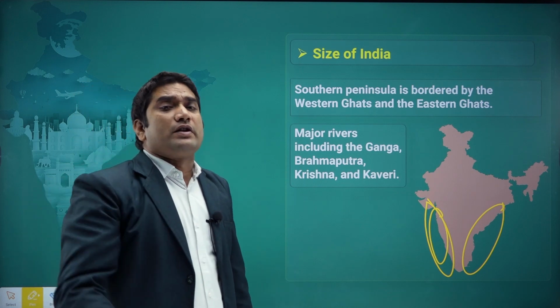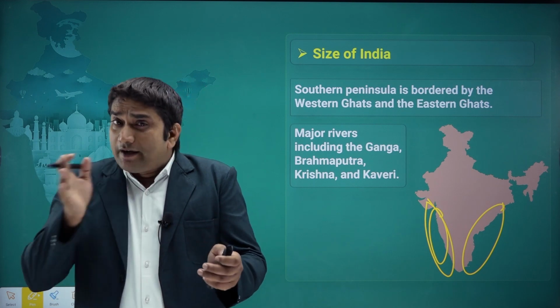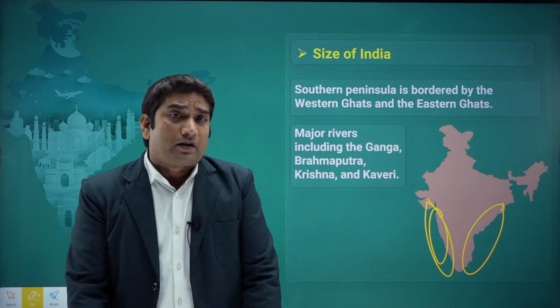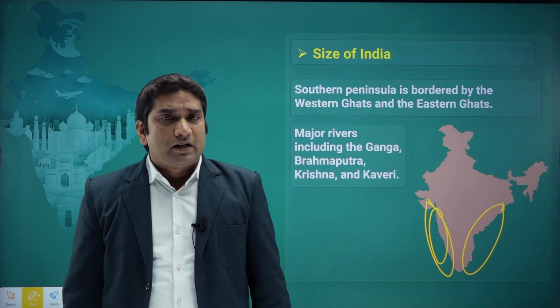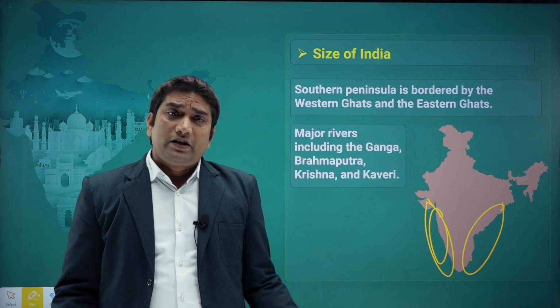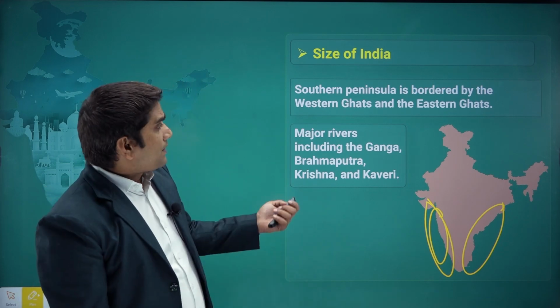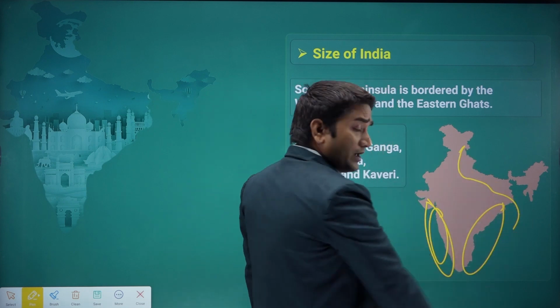Some important rivers we also have. According to rivers also, we have divided our country into several parts. Some of the important rivers in the country are Ganga, Brahmaputra, Krishna, Kaveri and Indus. The origin of the Ganga we will study in the drainage chapter.